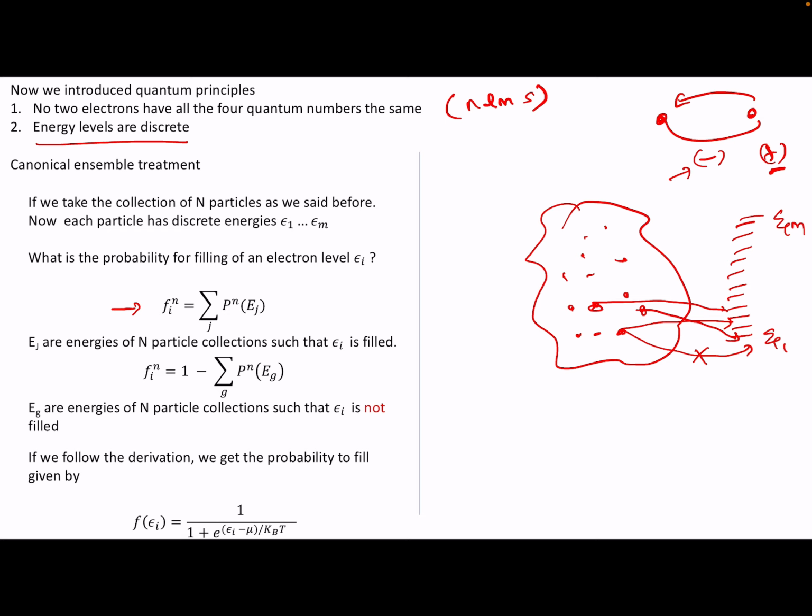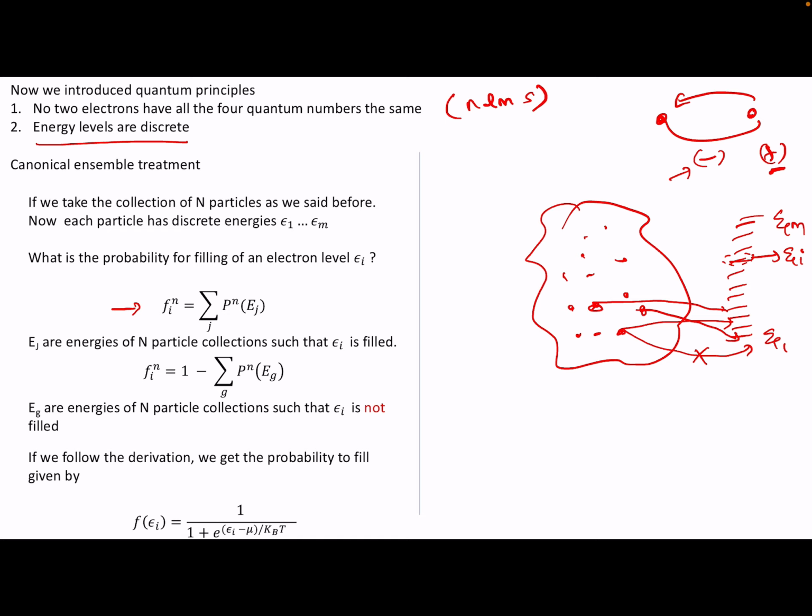Now the question that I am asking is, taking some energy level epsilon i somewhere here, what is the probability that this is filled? How do I find that? It is the probability of an n electron collection with total energy Ej such that this level is filled.